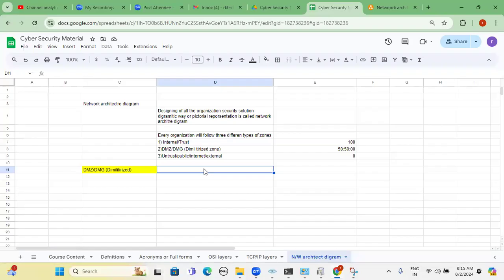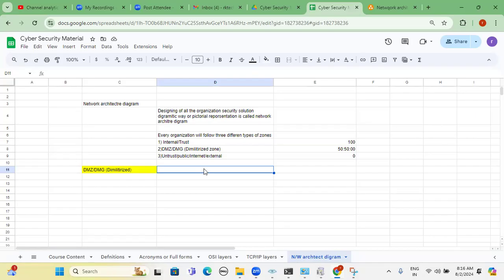Yeah. DMZ. So DMZ is a demilitarized zone. For example, it's like a boundary in between trust and untrust zone. For example, the Navy or BSF or CISF team, they will sit on our country boundary. So they will act like a preventive mechanism from one country to another country. In the same way, it's like a boundary in between trust and untrust zone.